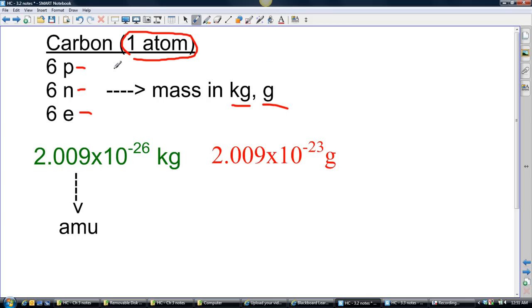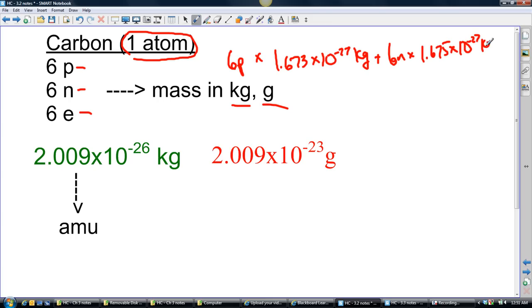Well, what we would do is go back and say, all right, I've got 6 protons, and each proton has a mass of 1.673 times 10 to the minus 27 kilograms, plus I've got 6 neutrons that each have a mass of 1.675 times 10 to the minus 27 kilograms, plus 6 electrons times 9.109 times 10 to the minus 31 kilograms.